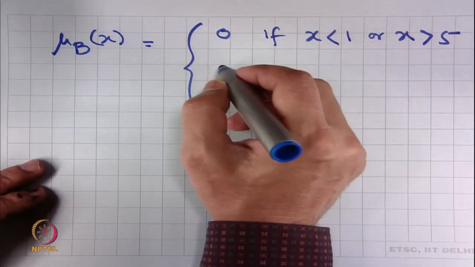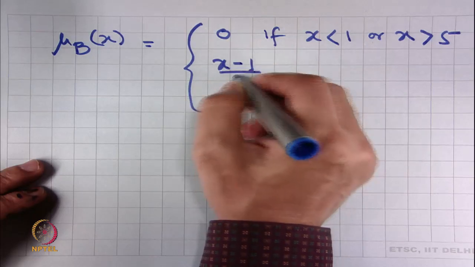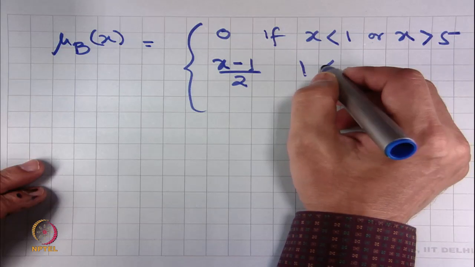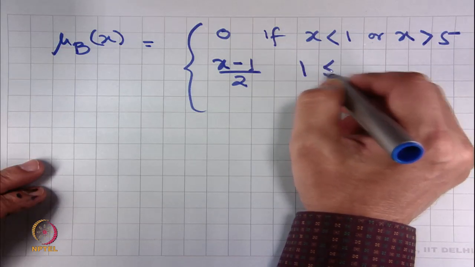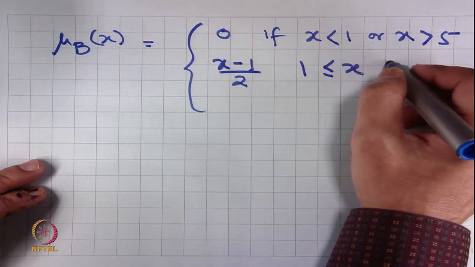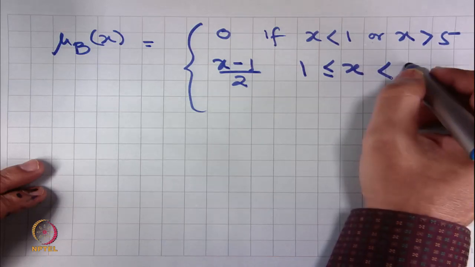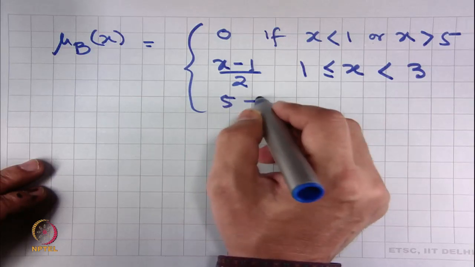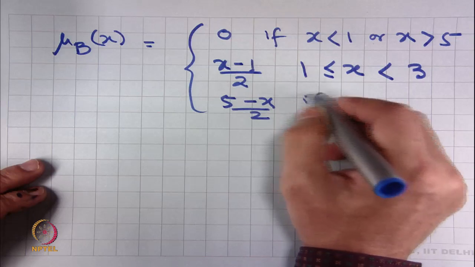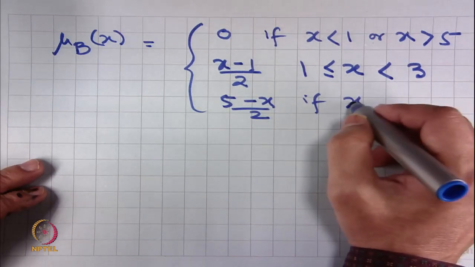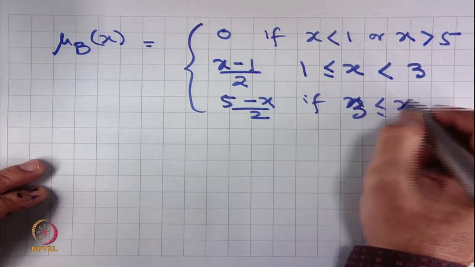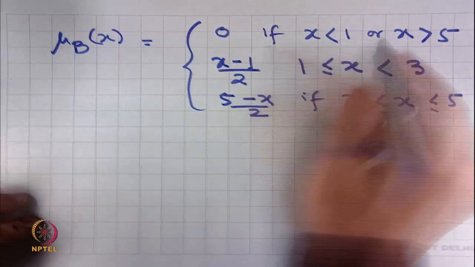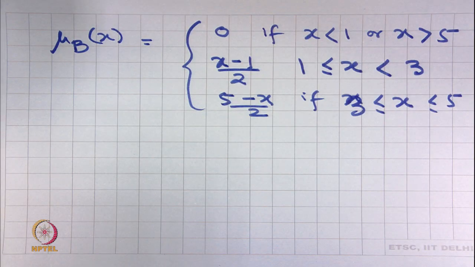It is (x minus 1) by 2 if 1 is less than or equal to x less than 3, and it is (5 minus x) by 2 if 3 is less than or equal to x less than or equal to 5, and as we know it is 0 above 5.